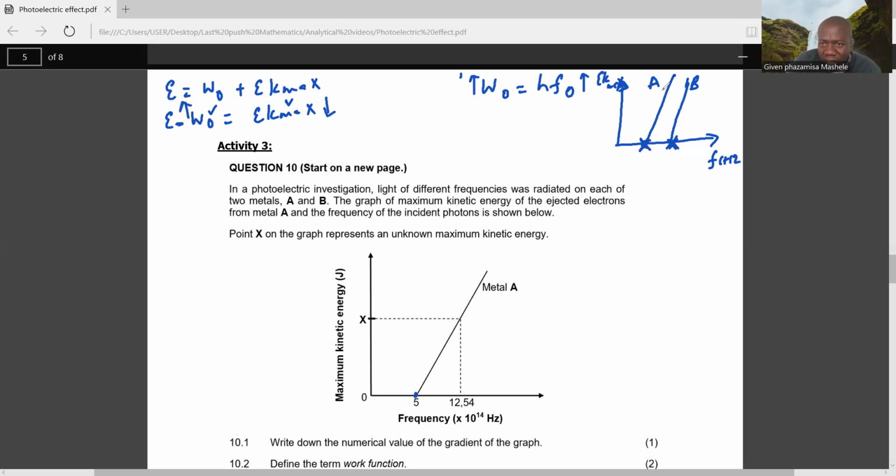Between metal A and metal B, which one has higher kinetic maximum? Obviously, the one with the lower work function. So it will be metal A, because metal A has a smaller work function compared to B. So the smaller the work function, the higher the kinetic maximum. But it's not part of this, I was just adding it.